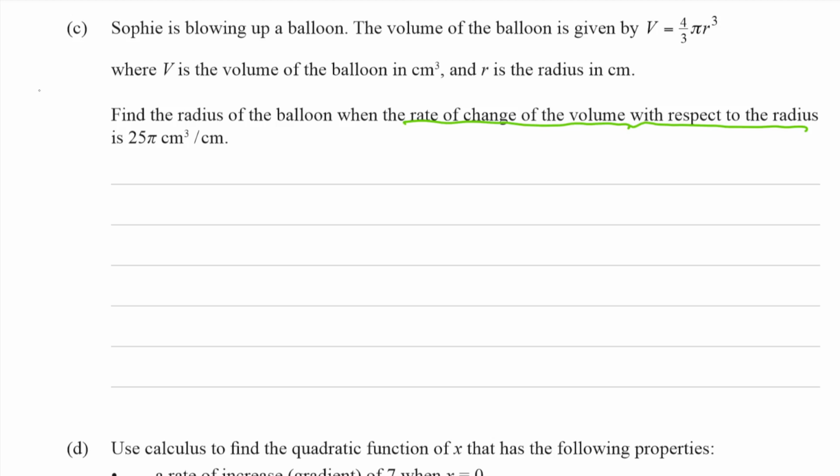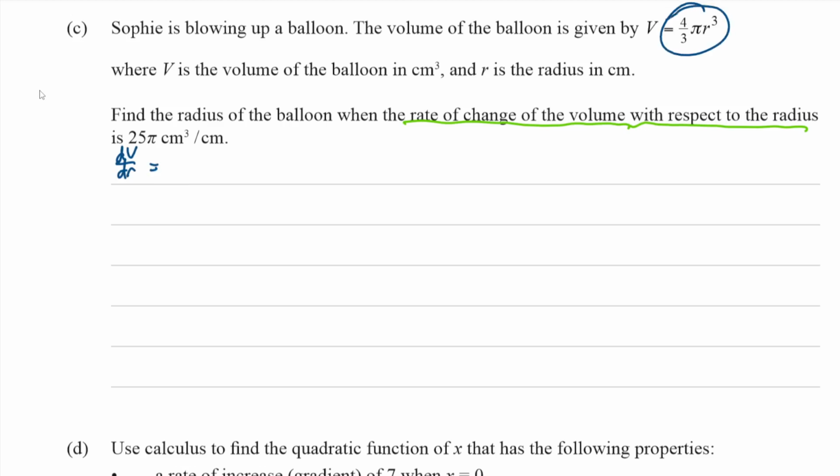So alarm bells ringing, rate of change of volume, rate of change. So that is the first derivative of volume with respect to the radius. Right, so our first step should be to find dV by dr, the rate of change of volume with respect to the radius.